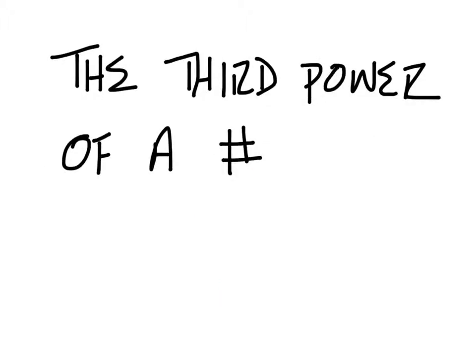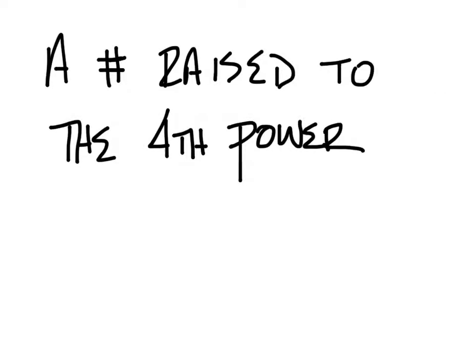The third power of a number. X to the third power, right. X to the power of 3. A number raised to the fourth power. X to the fourth power, right.